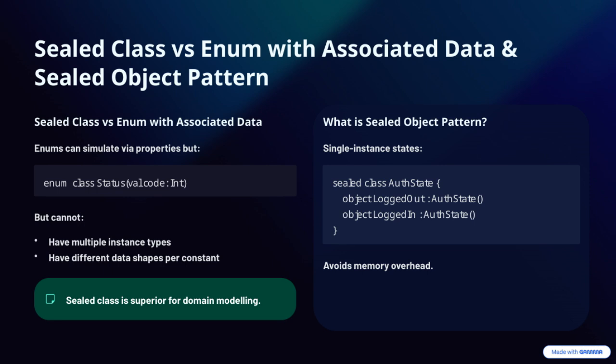They also work well with the sealed object pattern, where singleton instances represent shared states efficiently. In summary, sealed classes and the sealed object pattern provide a powerful way to model complex domain states with minimal memory overhead, outperforming enums in scenarios where data shapes and multiple instance types are necessary.